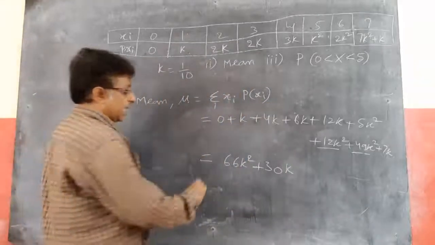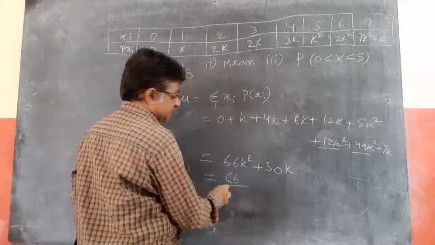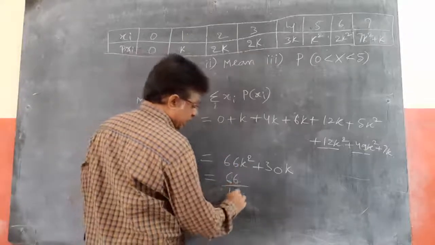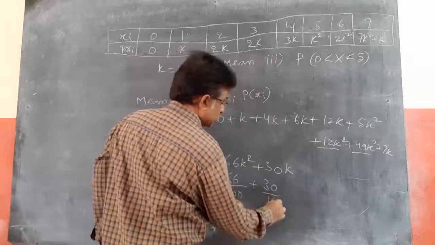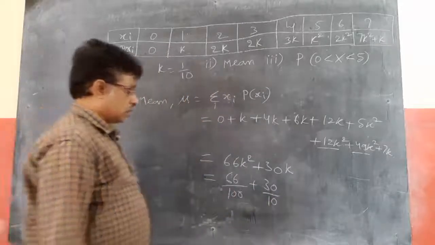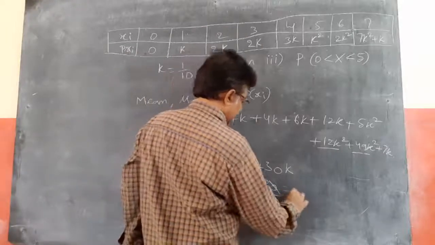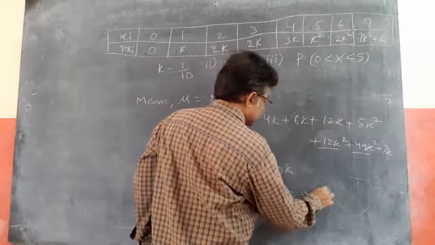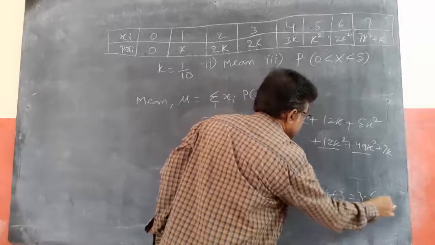Now k is equal to 1 by 10, so if I substitute, this becomes 66 by 10 square, 100, plus 30 into 1 by 10, so 30 by 10. So this is 66 by 100, which is 0.66, plus 3, equal to 3.66. This is the mean.